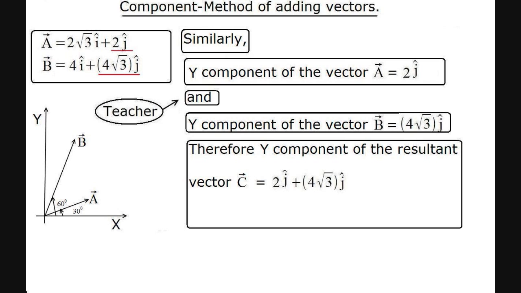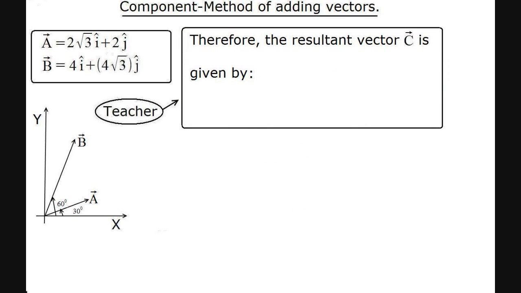Therefore, y component of the resultant vector c bar is equal to 2 times j hat plus 4 root 3 times j hat, which is equal to 2 plus 4 root 3 times j hat. Therefore, the resultant vector c bar is given by c bar is equal to 2 root 3 plus 4 times i hat plus 2 plus 4 root 3 times j hat.